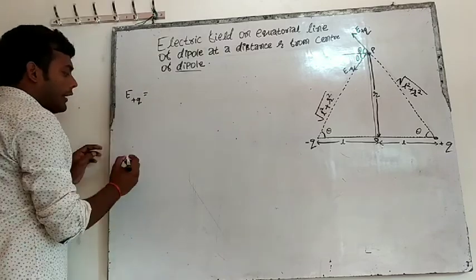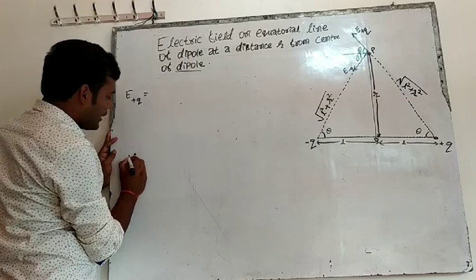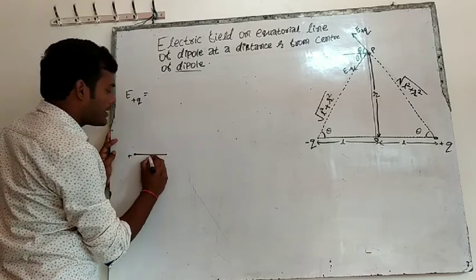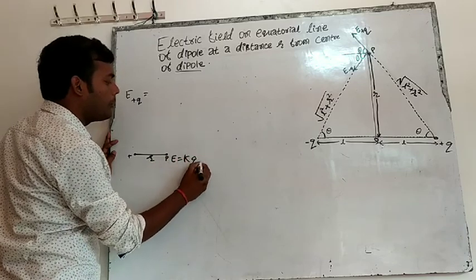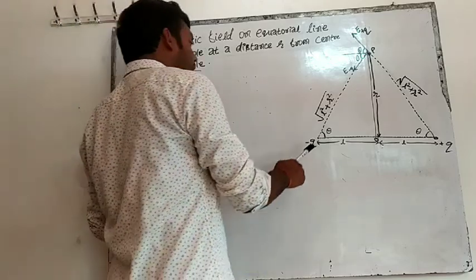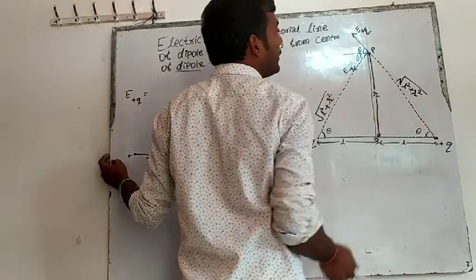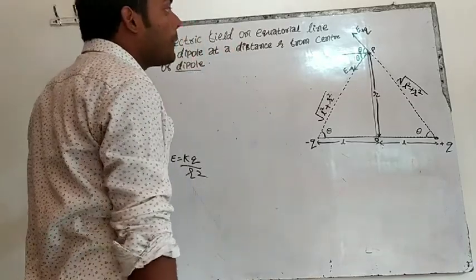Now we know one thing, that if there is any positive charge, then electric field at a distance R at any point P will be E is equal to KQ by R square. But what is the distance of positive charge from this point? This distance is square root of L square plus R square.